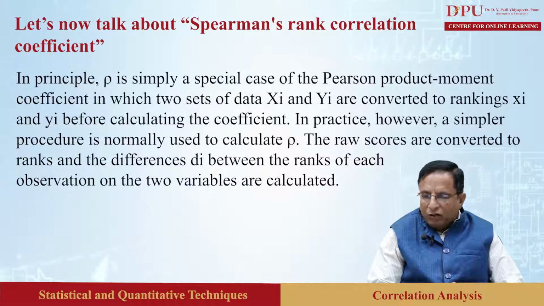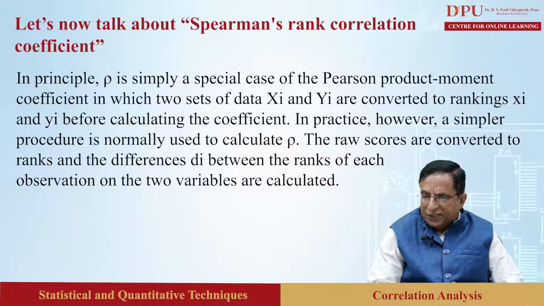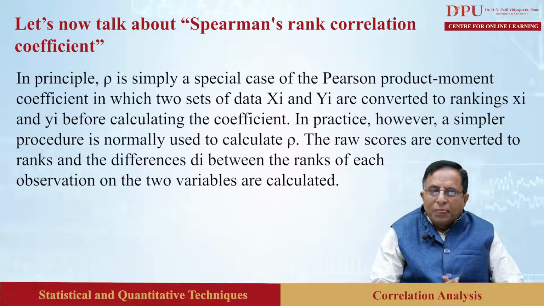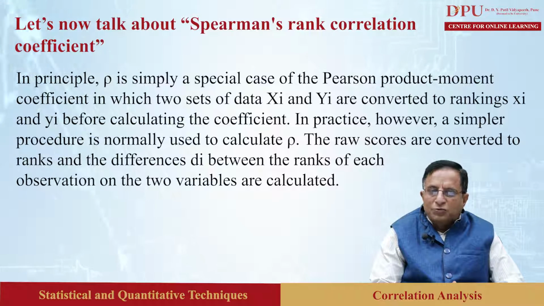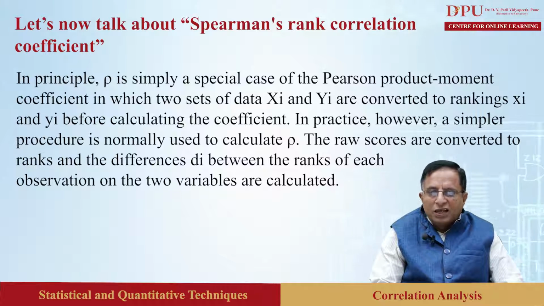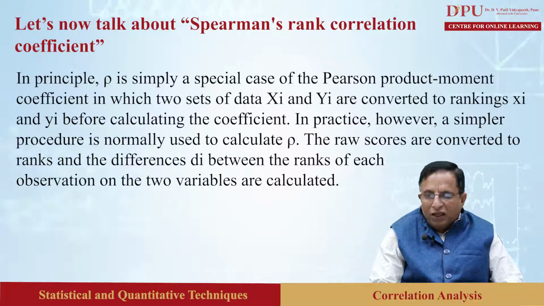In principle, rho is simply a special case of the Pearson product-moment coefficient, in which two sets of data xi and yi are converted to rankings small xi and small yi before calculating the coefficient. In practice, however, a simple procedure is normally used to calculate rho.